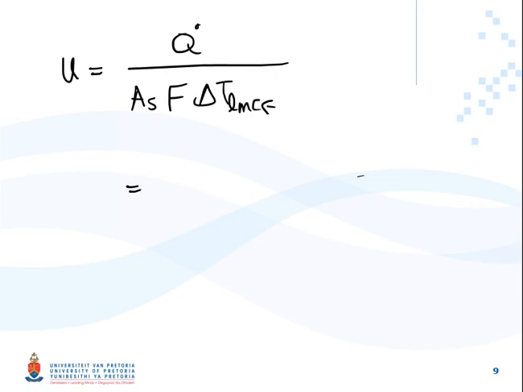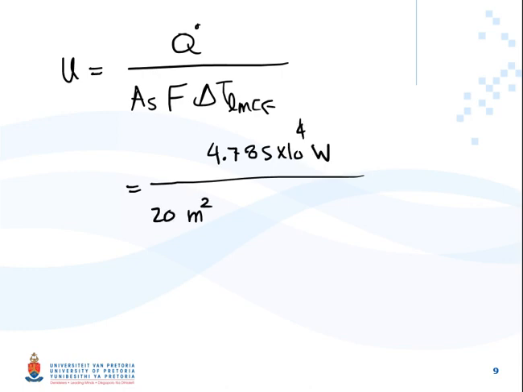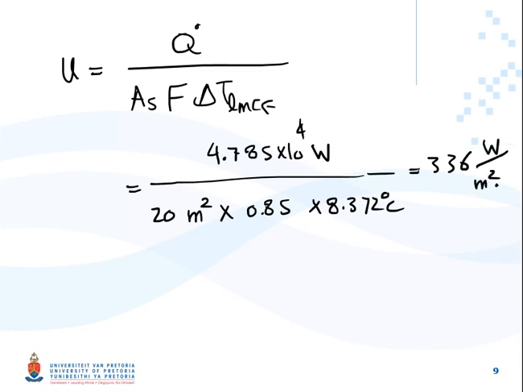We have all of them, so it will be 4.785 times 10 to the power of 4 watts, divided by 20.85 times 8.372 Kelvin, or centigrade, sorry, and the final will be 336 watts per square meter Celsius. This is the U.